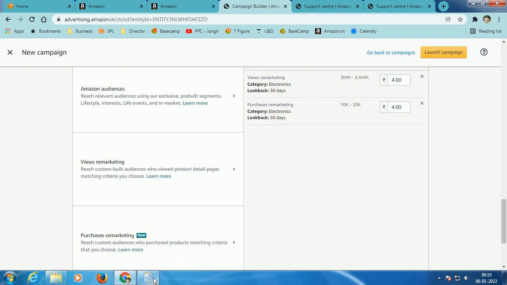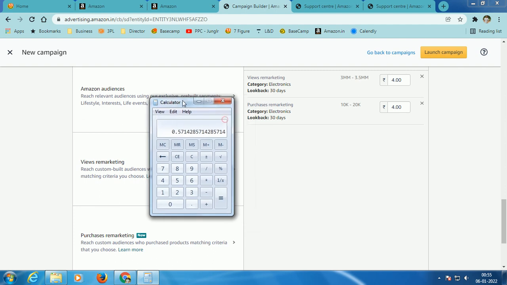What we see here is that in this particular sub niche, or department, in the last 30 days 3.5 million people have opened the product detail pages. That is 35 lakh people. But while 35 lakh people viewed the product detail pages, only 20,000 people have bought it.